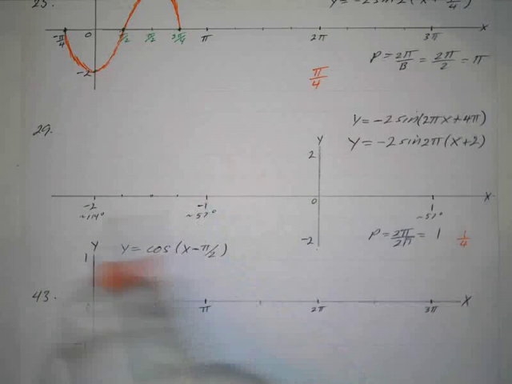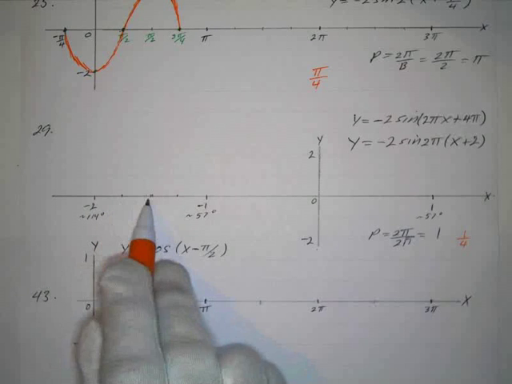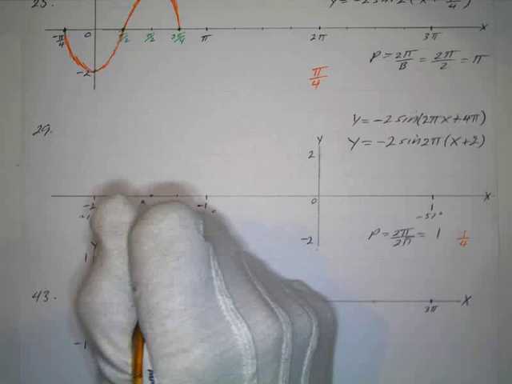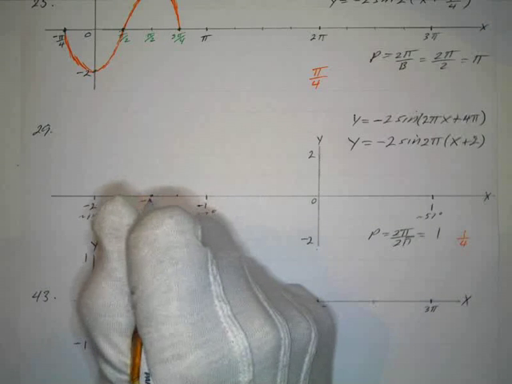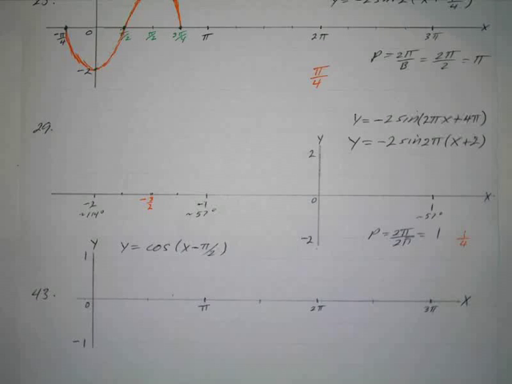So I would take this unit, and I would divide it into fourths. So this would be minus 2, minus 1 3/4, minus 1 1/2, minus 1 1/4, minus 1. So I could call this negative 3/2, 1 1/2, if I wanted to. Okay? All right, so those are my subdivisions.